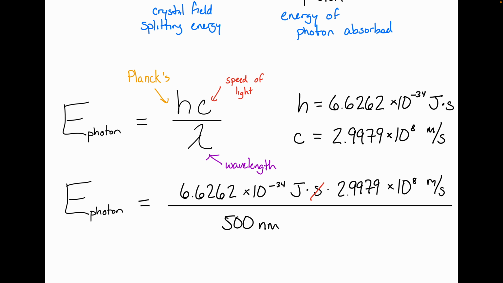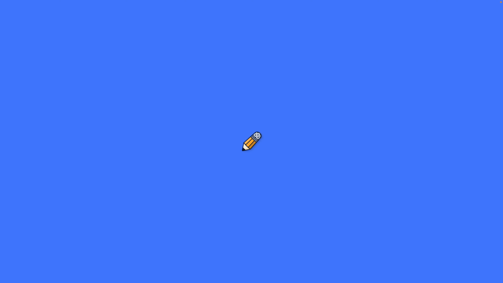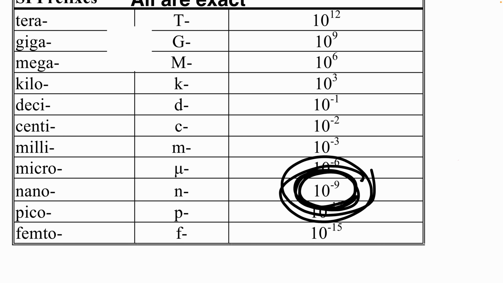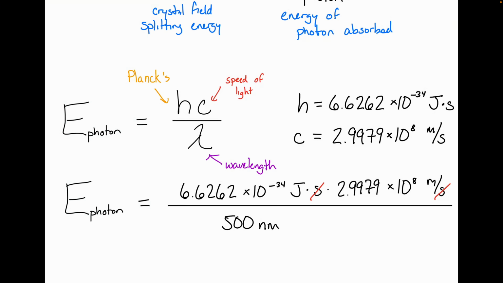Joules. So our seconds will cancel out, but we need to get rid of these nanometers and meters. So we're going to have to go back to our constants page and note a nanometer is 10 to the negative 9 meters. All right, so 1 nanometer is 10 to the negative 9 meters. Now my units will work out nicely, and I'll be left with just joules.